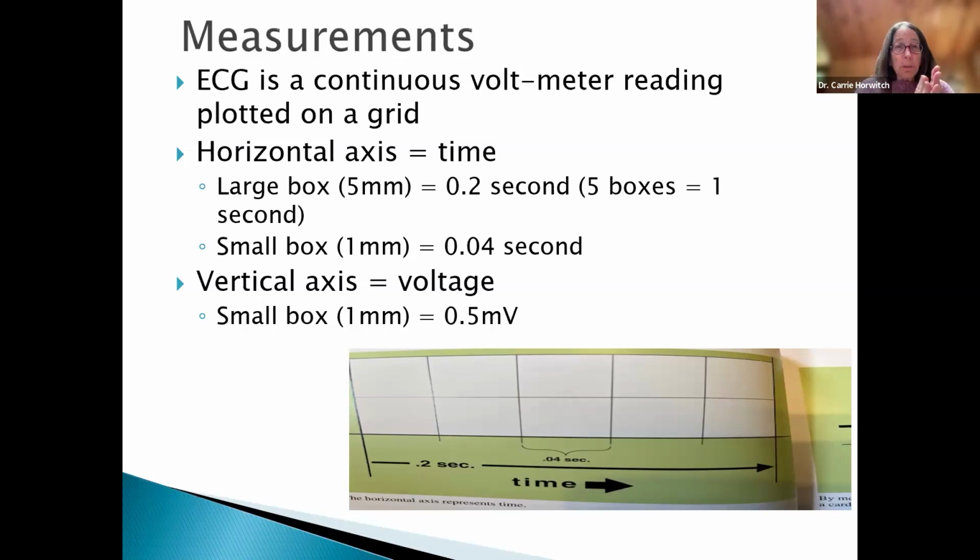So 5 little boxes, which are the lighter lines, is 0.2 seconds. The small boxes are 0.04. And then when we're talking the vertical axis, measuring voltage, the small box is 1 millimeter.